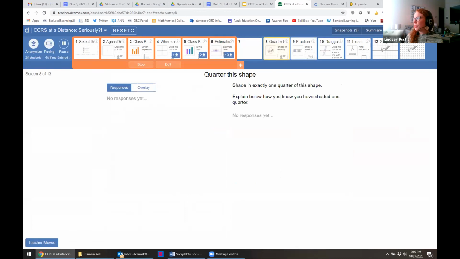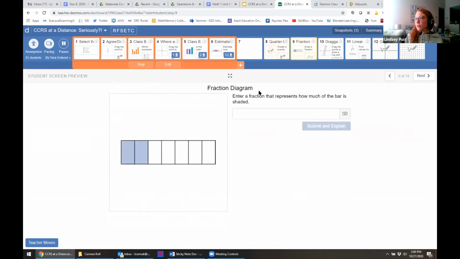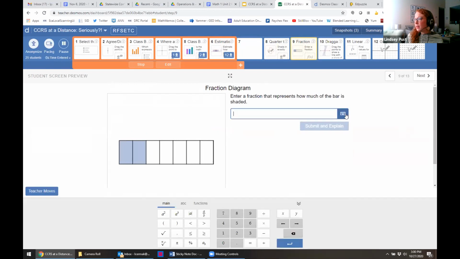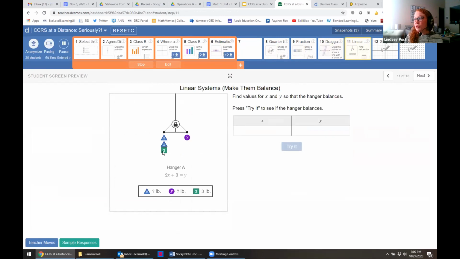We're not going to go through these, but I just wanted to show you that there are things where students can shade in a quarter. There's writing a fraction, and there is a keyboard that they can click to get math symbols. Dragging points to create a line to have a slope of 3 for higher level math. Using this to learn what it means to balance equations.